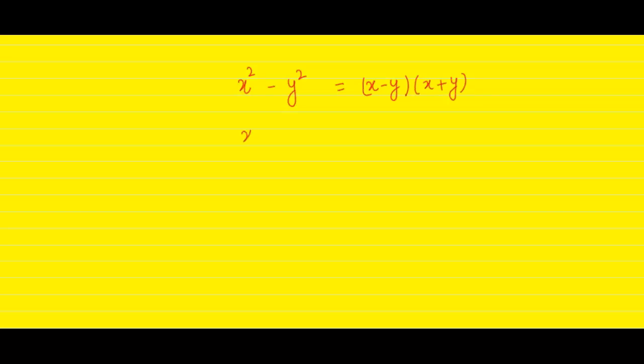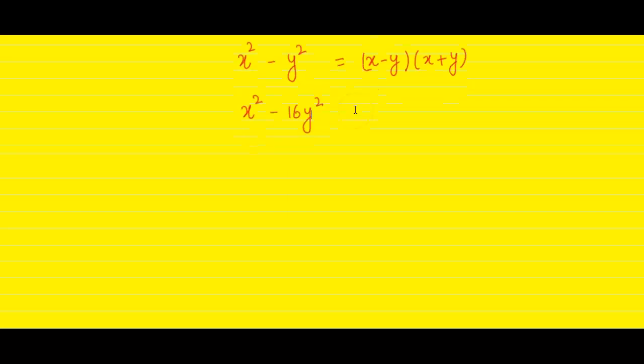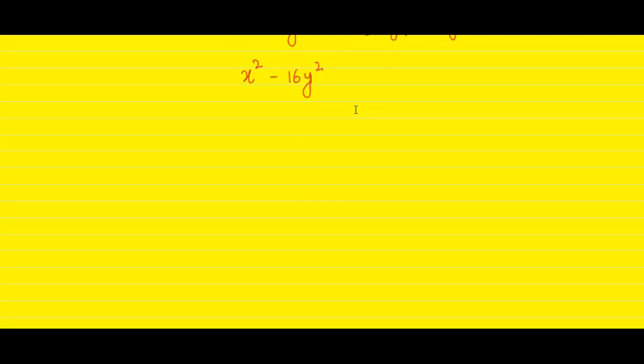The next expression can be x square minus 16y square. Now I simply ask you, is it a difference of squares or not? To tell quickly, you should know your squares very well. Is 16 a square number? Yes, it is.